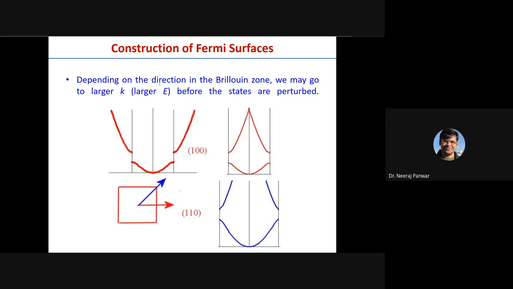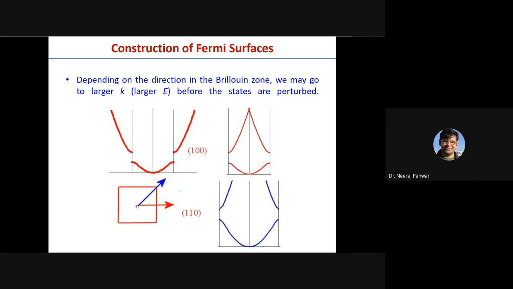Depending on the direction in the Brillouin zone, we may go to a larger k before the states are perturbed. So, for example, if we are moving along this direction, the 100 direction, we will encounter the Brillouin zone boundary and the gap would exist.